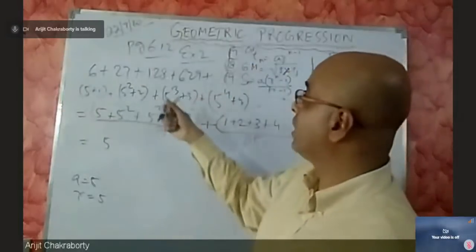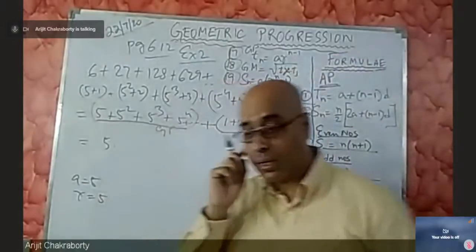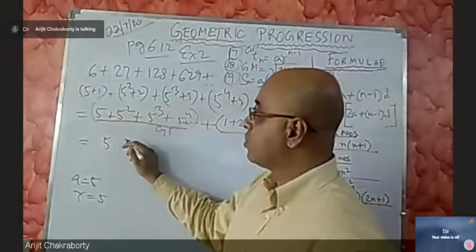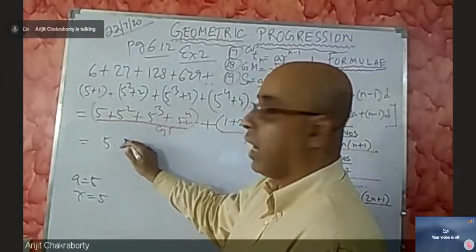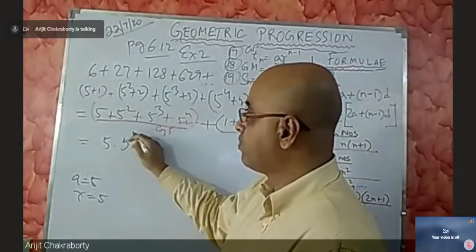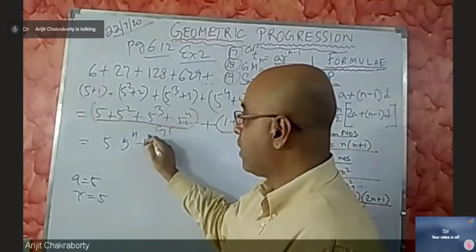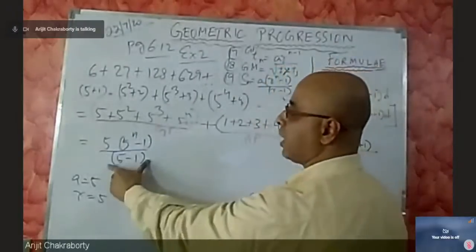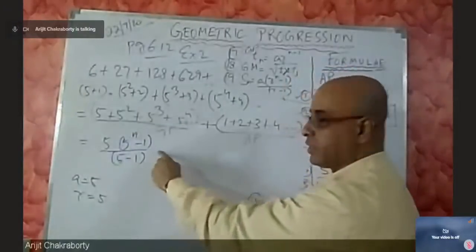Here we are finding the sum till n terms. R value is 5, so 5 to the power n minus 1 divided by 5 minus 1. So this is the sum of the GP terms.